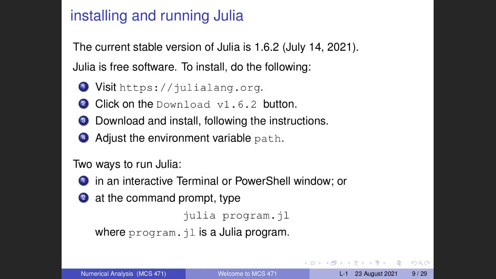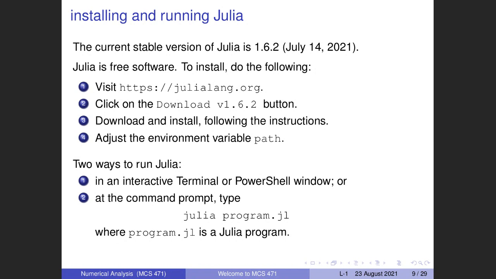I have the four points that need to be executed, and following the instructions is actually the main instruction. We will be using Julia 1.6.2. I do not think that there is much difference from 1.5, but still, if you have an older version of Julia, it might be good to update.